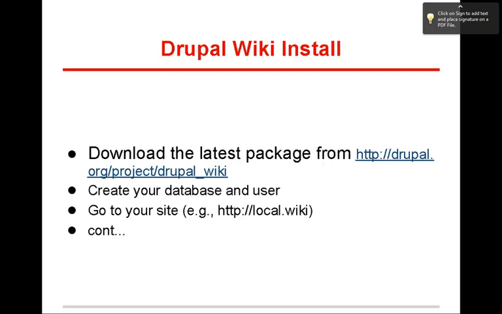It's got different steps along the way, different features. It adds a couple content types. The Drupal wiki, and there's lots of other install profiles out there. It's kind of the same thing. It just adds a content type, turns on a few features, makes it more like a wiki so that you don't have to go through and configure it after you've installed it.